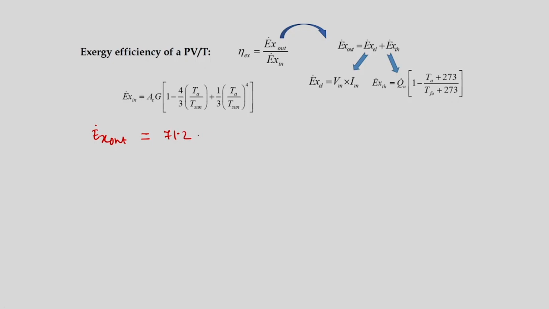71.2 plus we will have Qu. So, we will write Qu here, and then we will have 1 minus Ta, which is 33.6 plus 273, and then 39 plus 273. Okay.